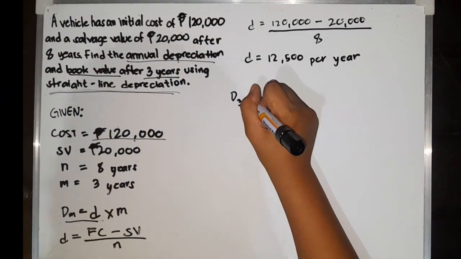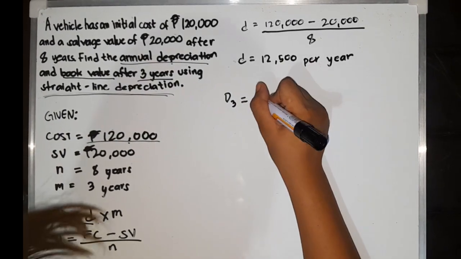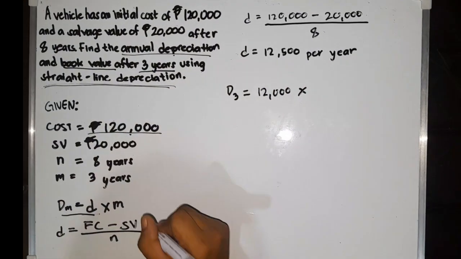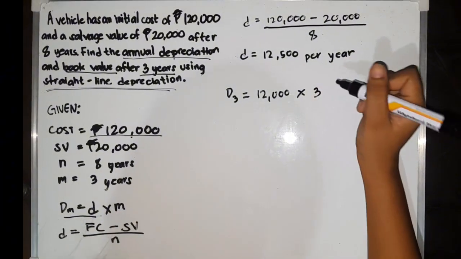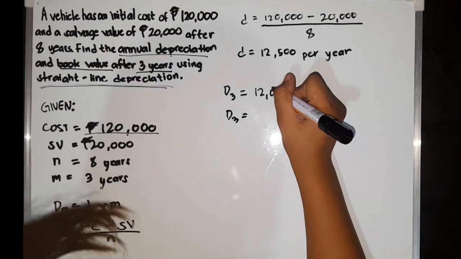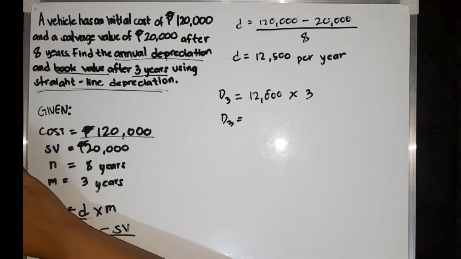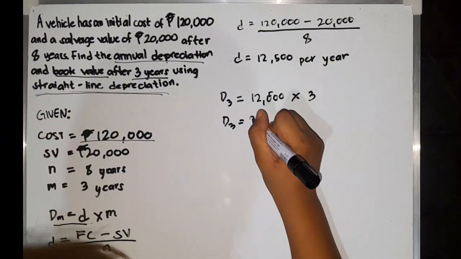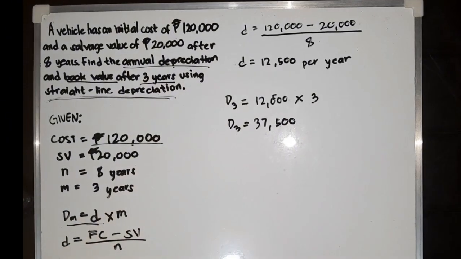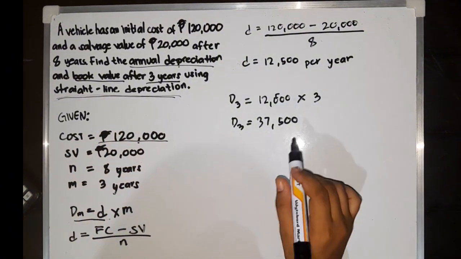So D sub 3 is equal to 12,500 multiplied by 3, which is 37,500. That's the total depreciation after 3 years.